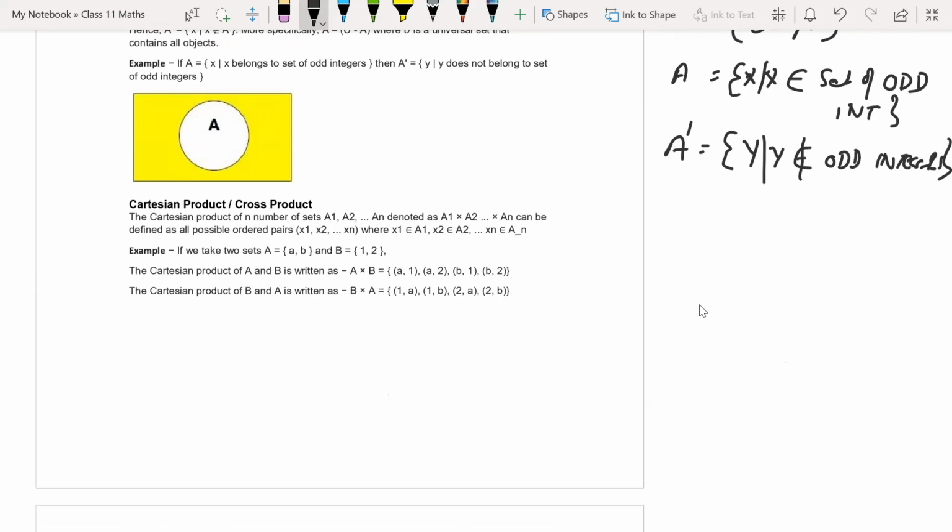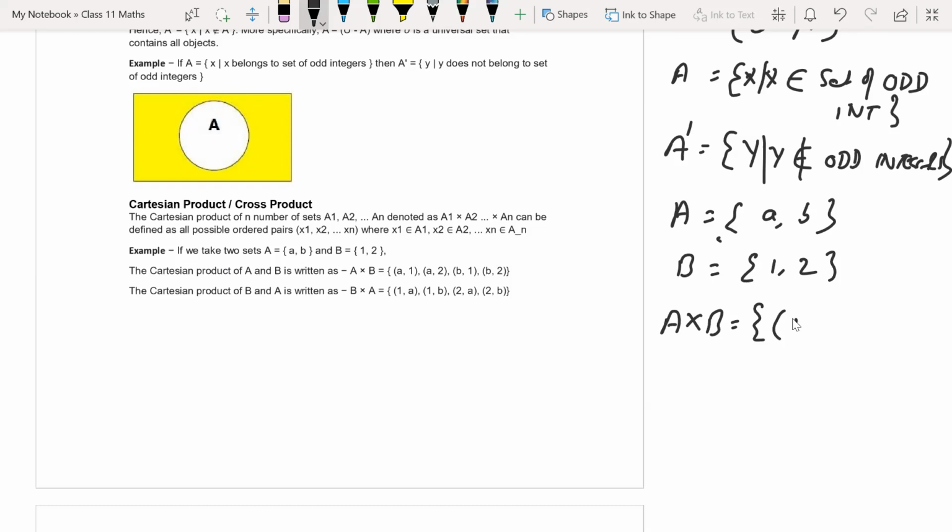Like if we consider set A is equal to {a, b} and set B is equal to {1, 2}, then the Cartesian product of A into B is such that A first element with 1, A second element with 1, B first element, B second element. This is the Cartesian product.